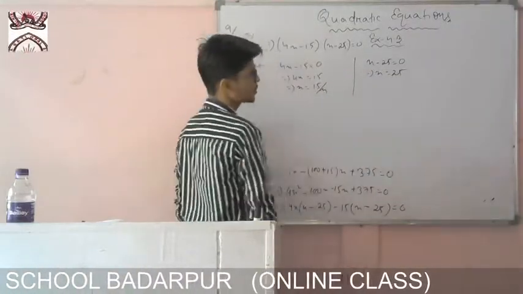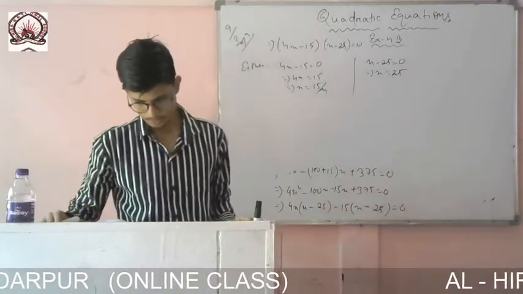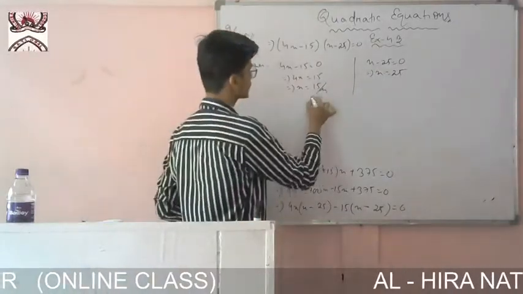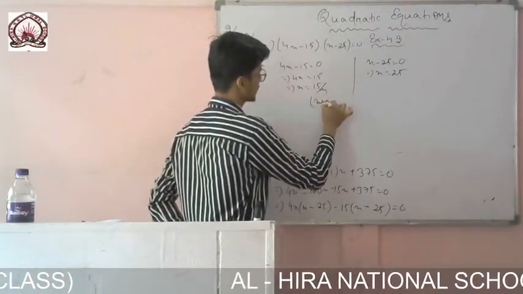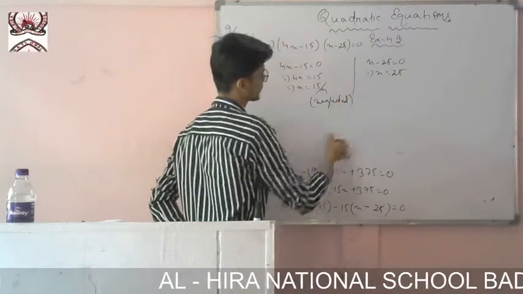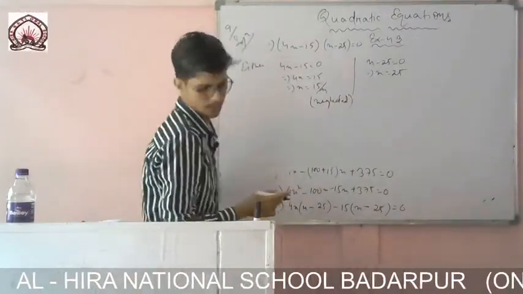So this one will be rejected because if I find this value, it will be less than 10, so it will be neglected. So x will be 25.